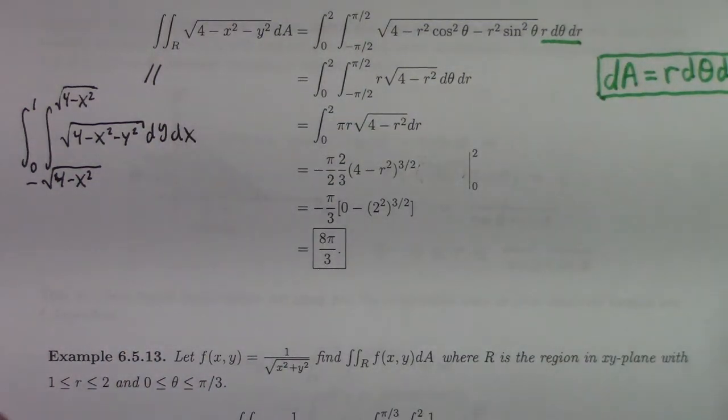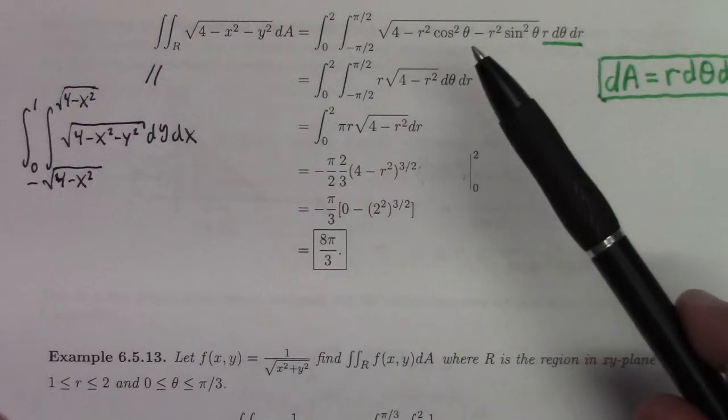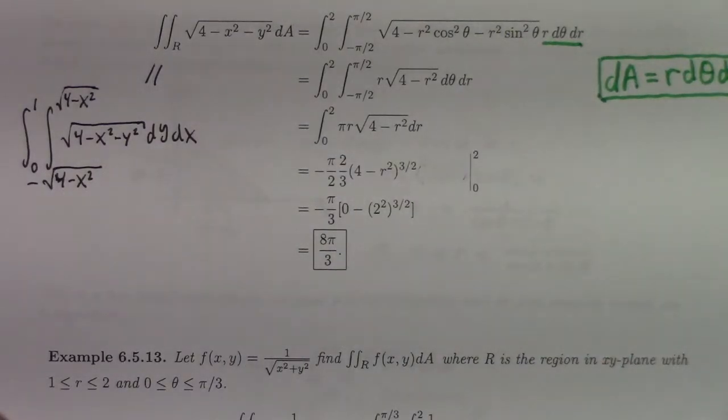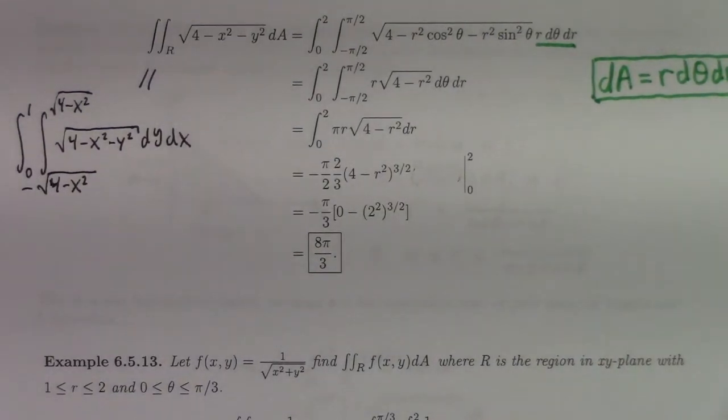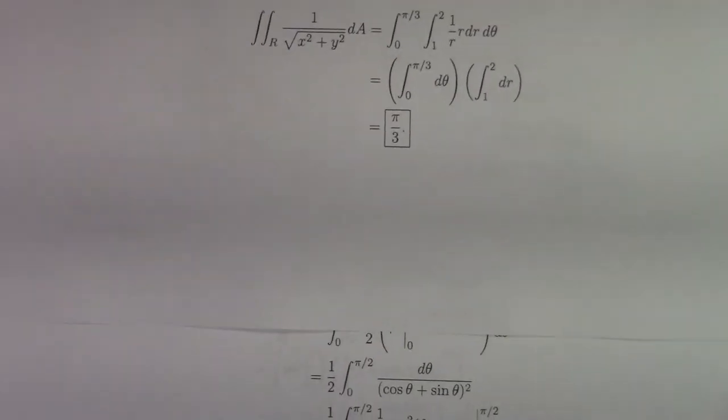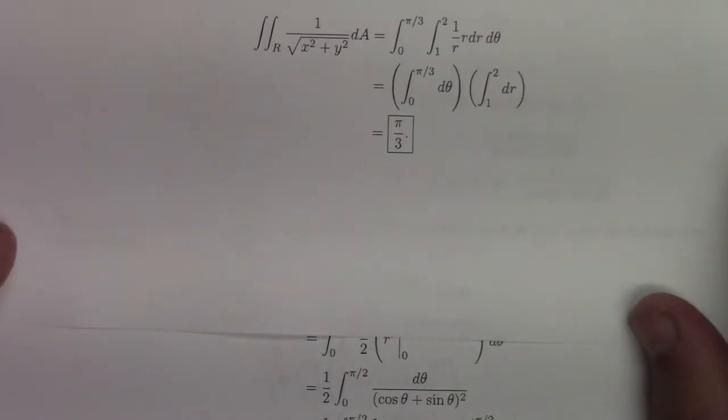So which one do you want to do? Do you want to do this, or do you want to do that? I know which one I want to do. So polar coordinates are really important for making the integration of certain integrals just go much, much better.